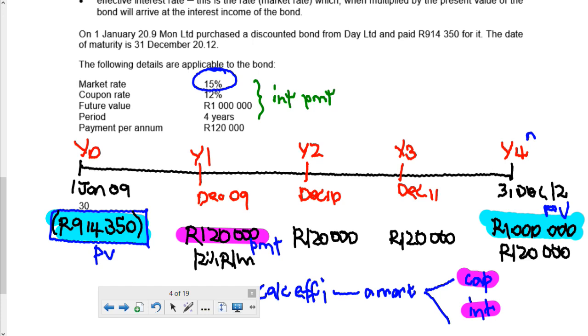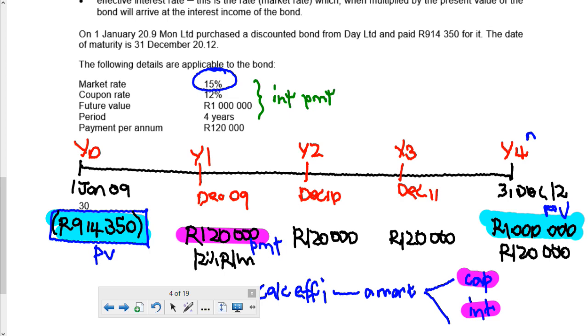In fact, it will be more that will be recognized as interest, isn't it? So this is payment. This entry is debit bank, isn't it? I receive 120,000 Rand. I'm going to have a debit which will go to this bond to make it grow. And I'm going to have a credit to interest to balance it.